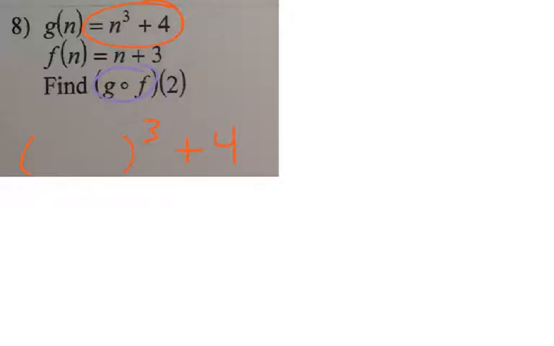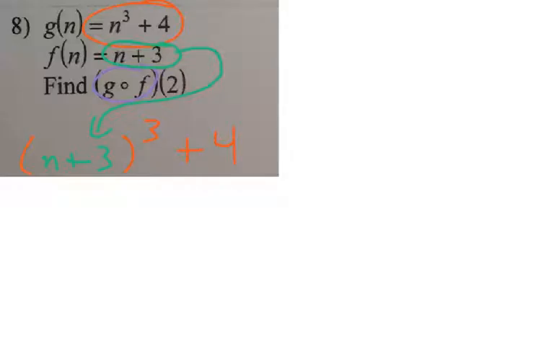And so what is g of f? Well, that means we're going to take f, which I'm going to show in green here, and g of f means f goes inside of g. So notice n plus 3 goes inside of g, and hence we will have g of f, right?